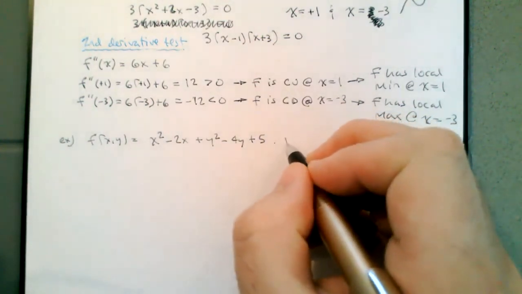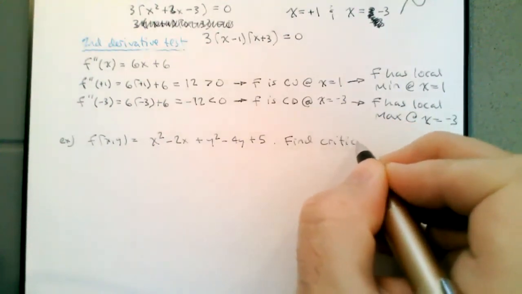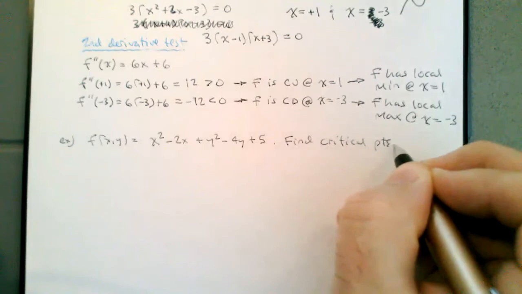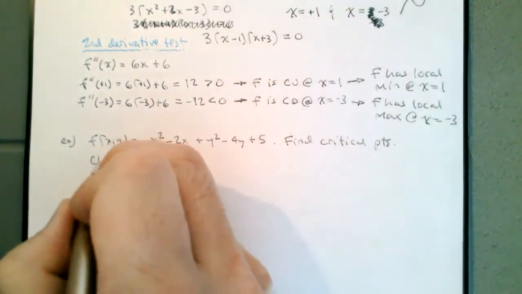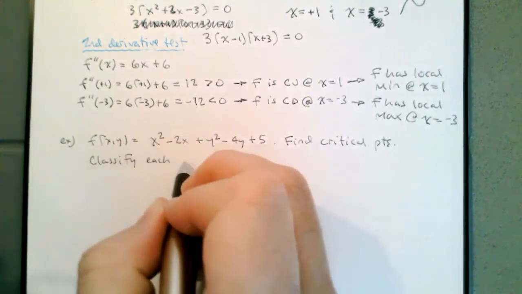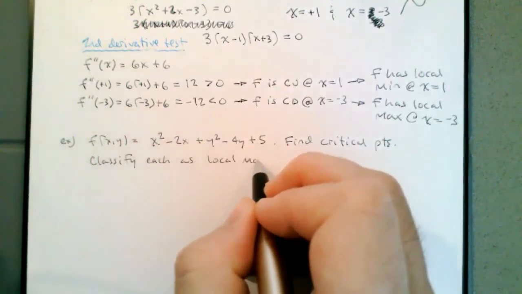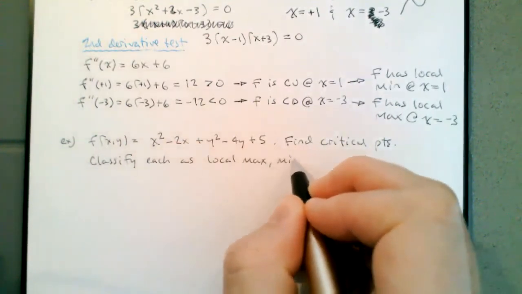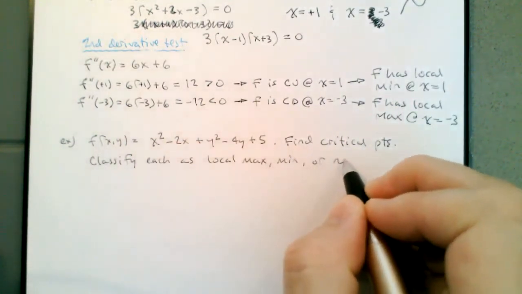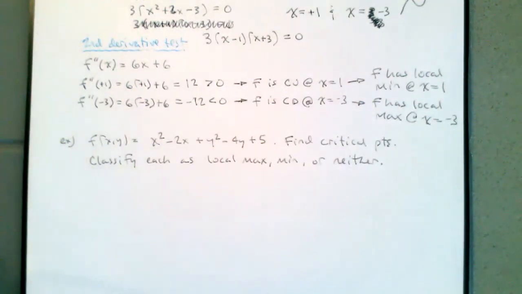Find critical points and classify each as a local max, min, or neither. It's the same question. We're just starting with a function of 2 variables.